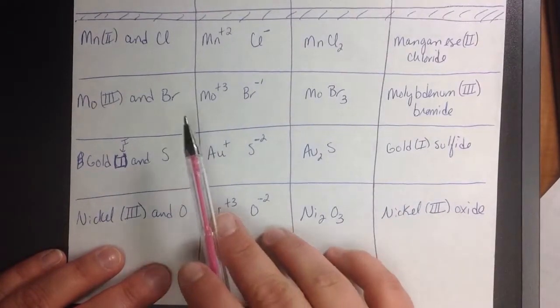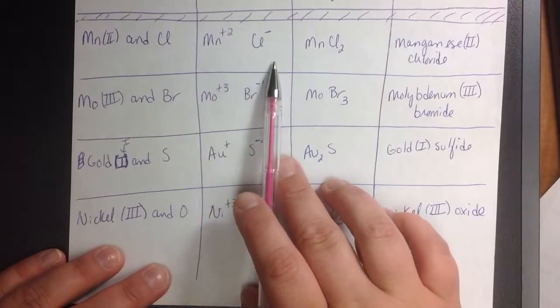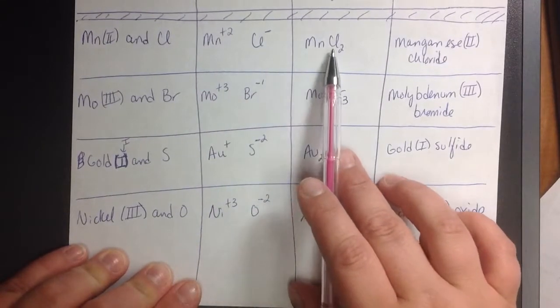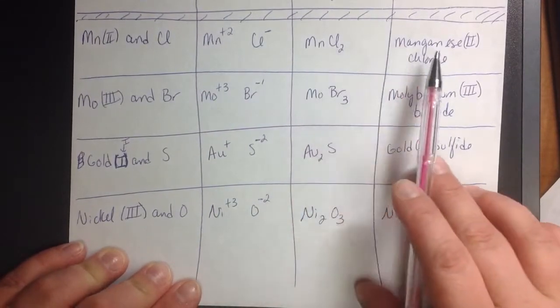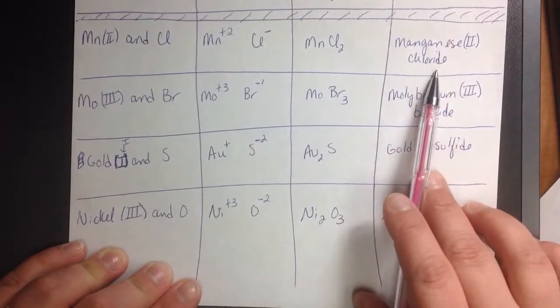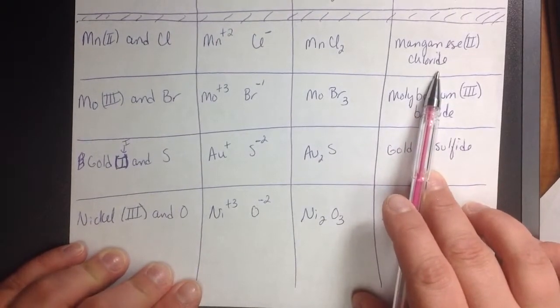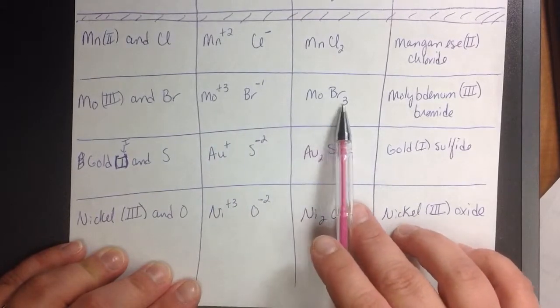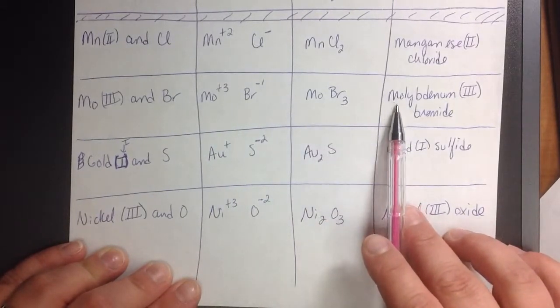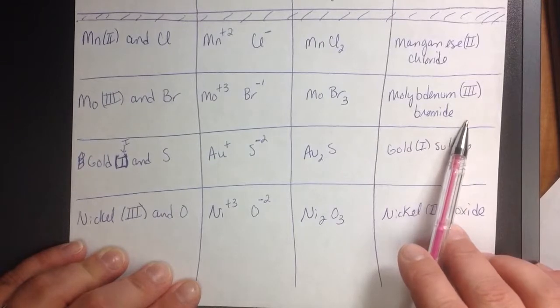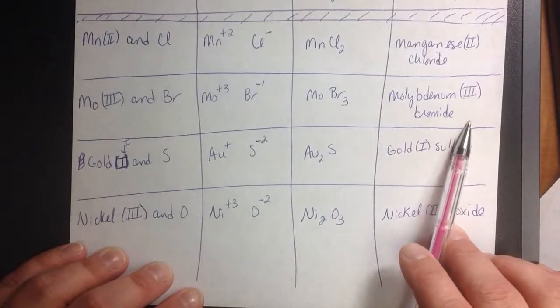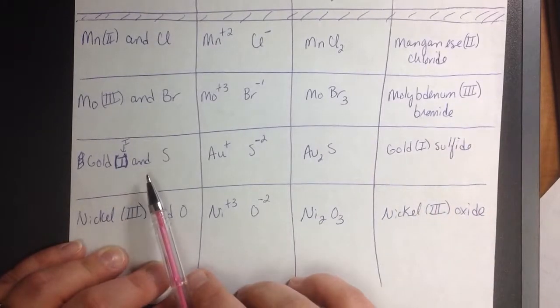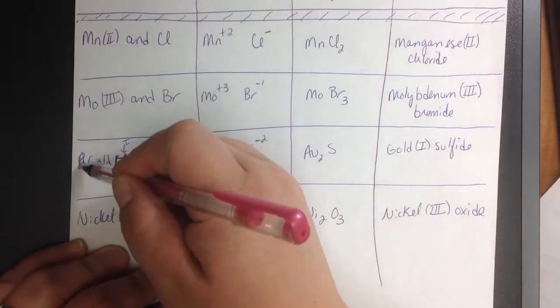So here we've got manganese +2 and Cl, so it becomes MnCl2. That's manganese 2 chloride. Mo +3 and Br -1, MoBr3 becomes molybdenum 3 bromide. Molybdenum is a fun word. I just started saying that even.